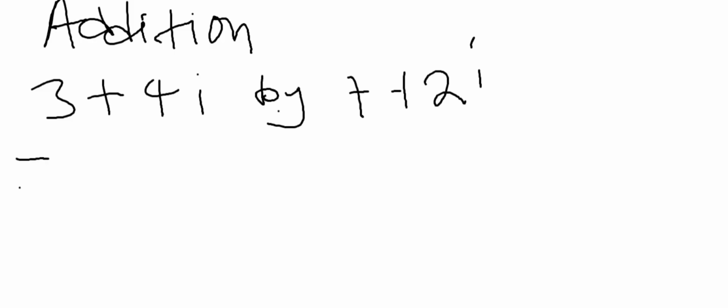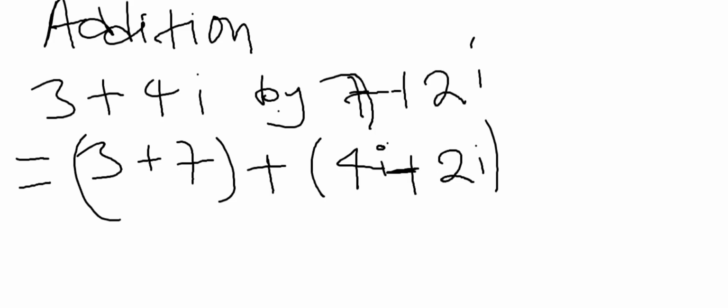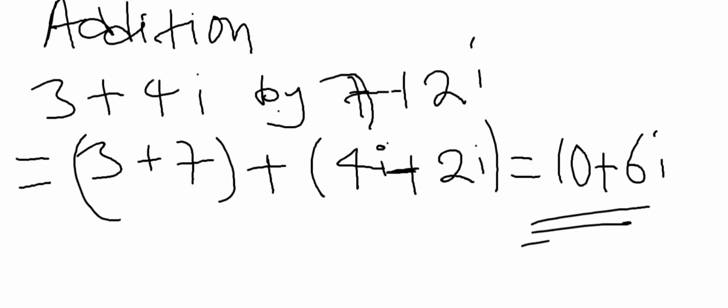We should add the real part with the real part, as well as the imaginary part with the imaginary part. So in this case we're adding (3 plus 7), and these are the rules that you should master, (4i plus 2i), which is equal to 10 plus 6i.